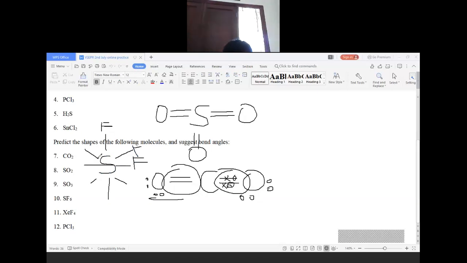The shape must be octahedral with 90 degrees. And then XeF4, yesterday already given as an example. XeF4, the shape is square planar, 90 degrees. And then the last, PCl5, the shape is trigonal bipyramidal.